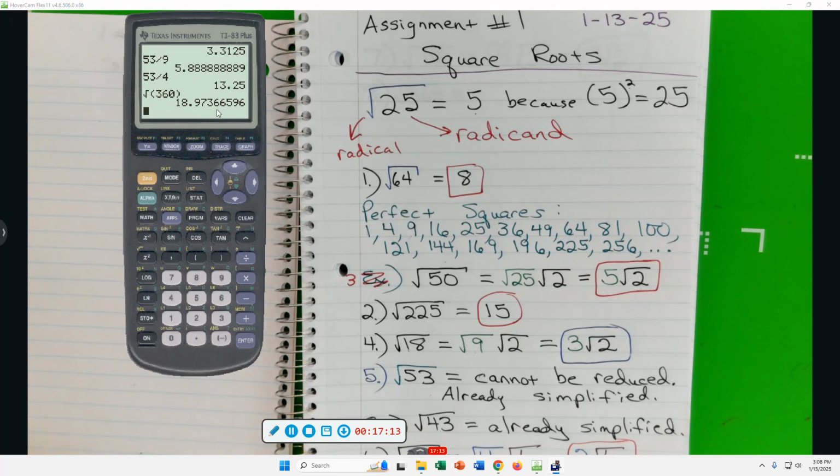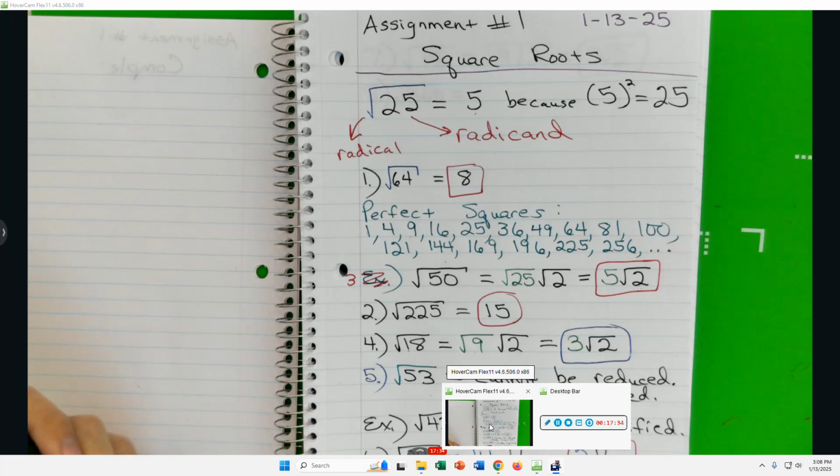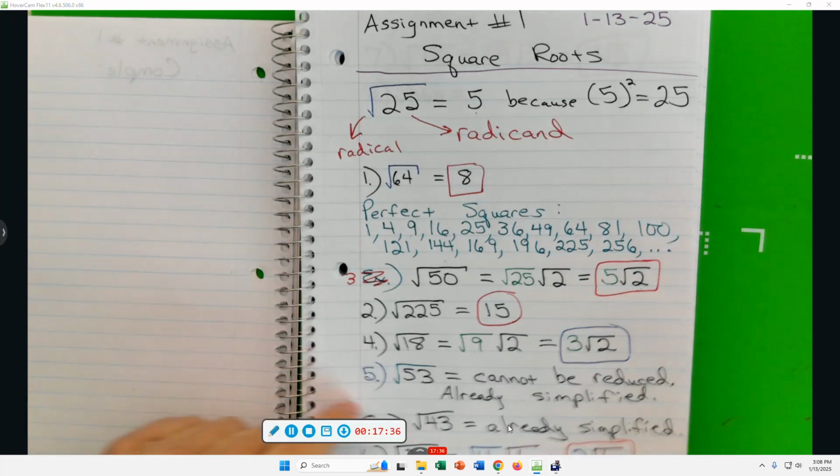Is your calculator saying 6 square roots of 10? If so, you're one of the lucky people that have a calculator that simplifies the square roots for you. Anyone? No? Okay, that's fine.